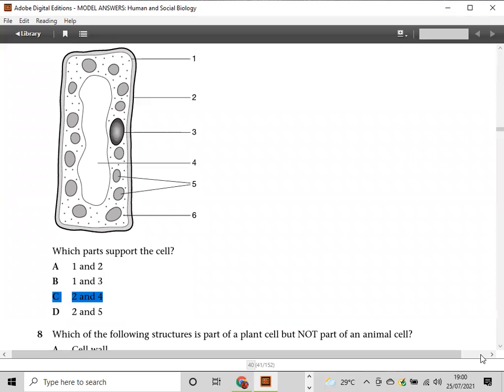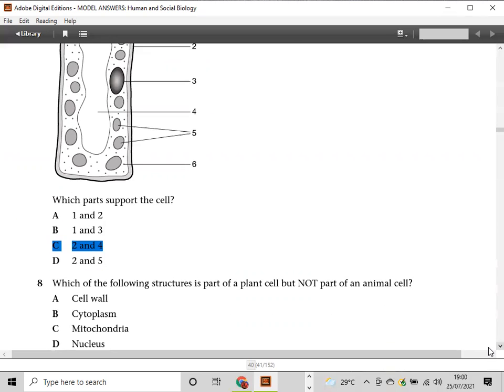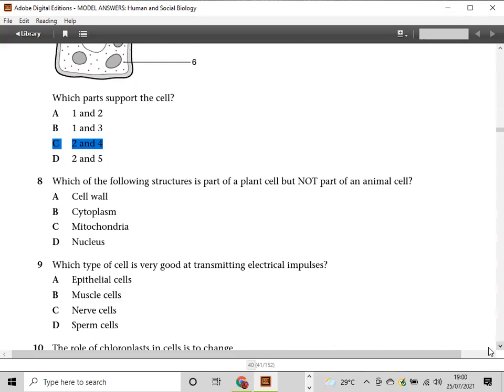And number 8. Which of the following structures is a part of a plant cell but not a part of the cell membrane? And that will be A, the cell wall.